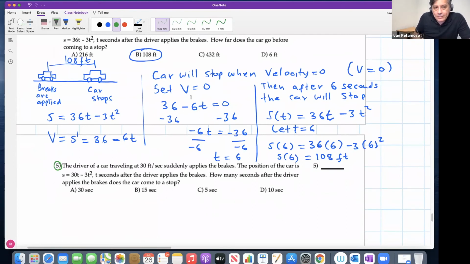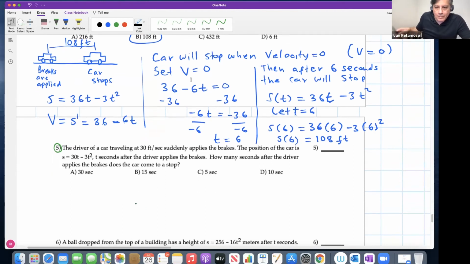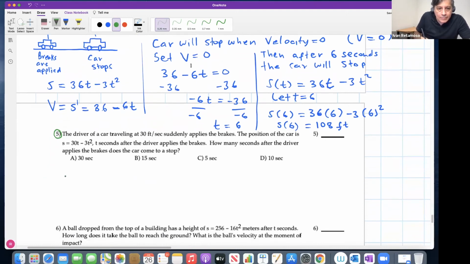So can you try this one? Number 5, try. It's a little bit simpler, so maybe I can draw a diagram too. As a hint, it's a car. The driver applies the brakes, and the car stops eventually, and that stop is just when the velocity is 0, right?